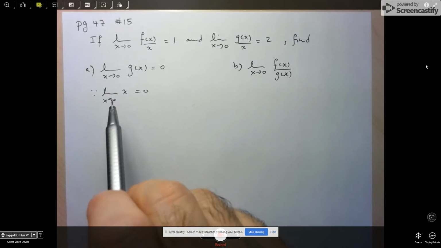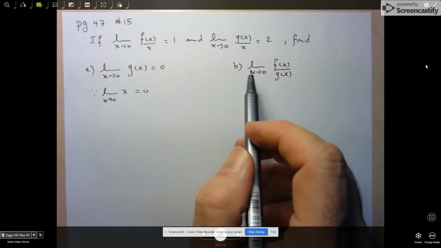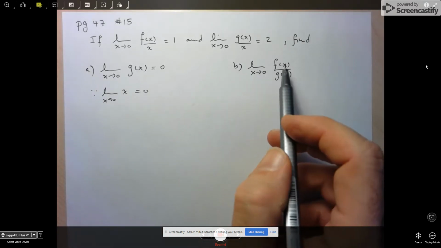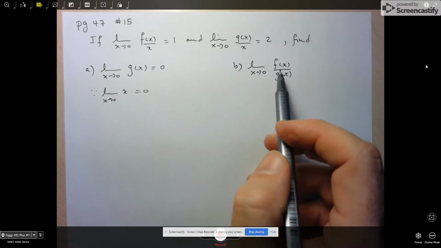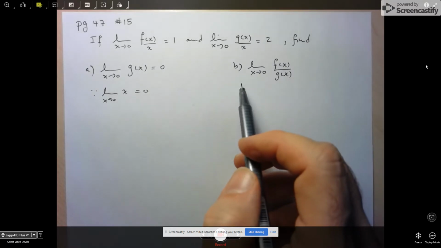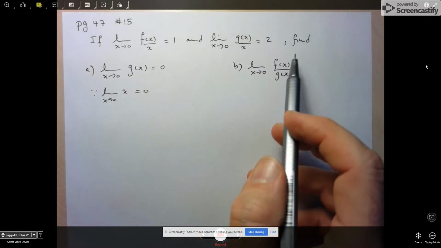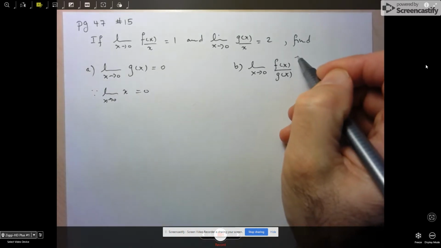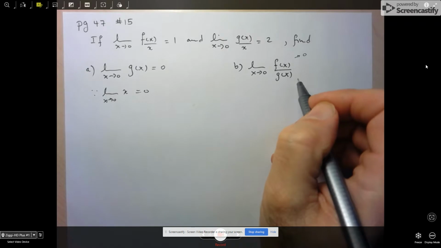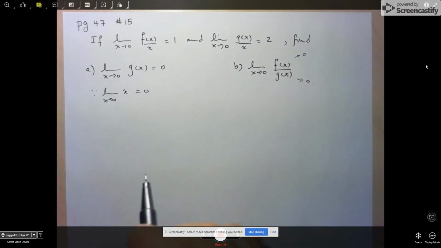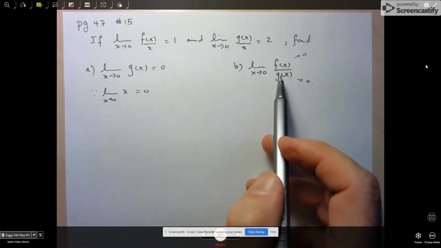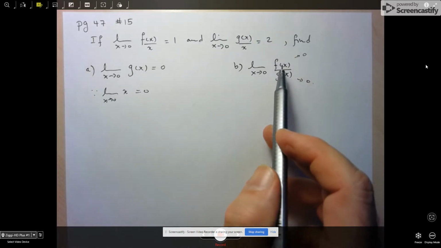So let's take a look now at the second one. They want us to find the limit of f over g. The problem is this is not what we're given. Even if I use what we just determined, that f of x was approaching 0, and g of x is approaching 0, so we do have an indeterminate form, but all that tells us is that the limit may or may not exist.